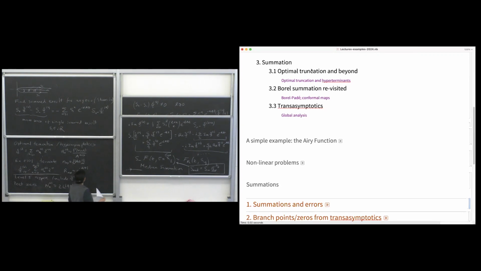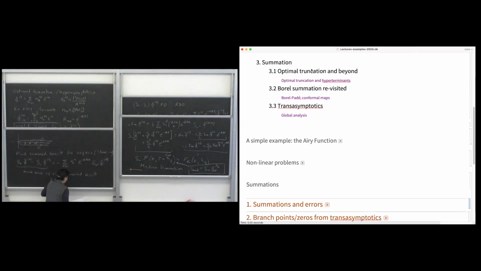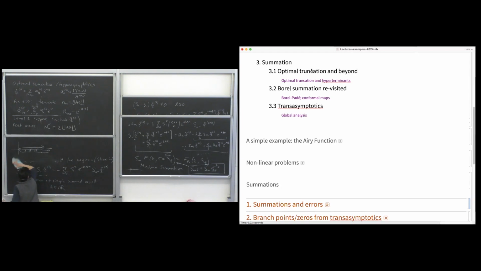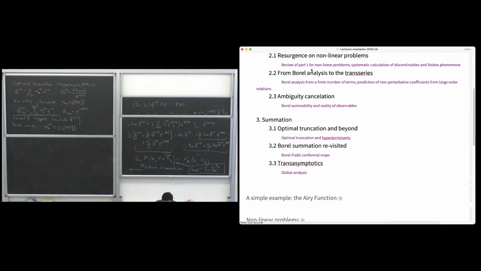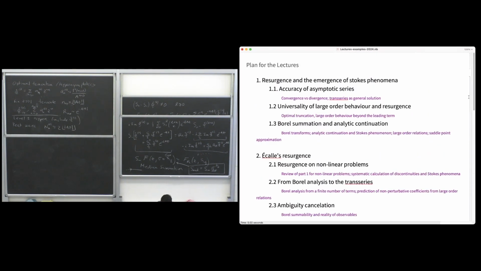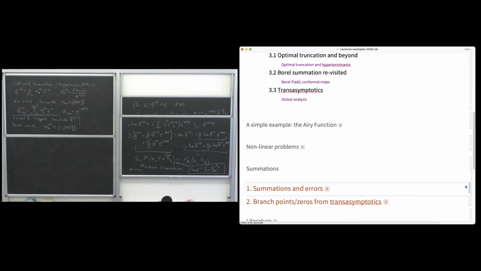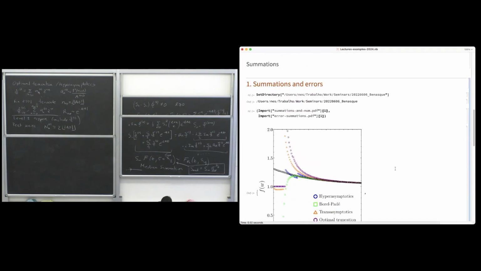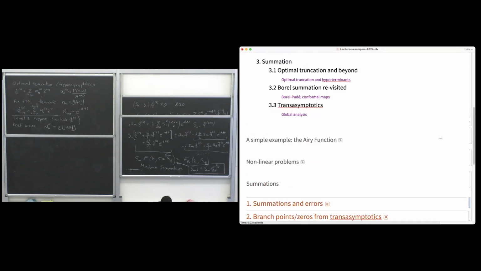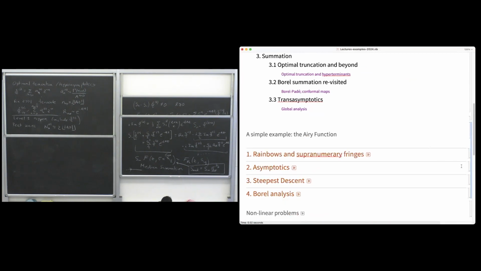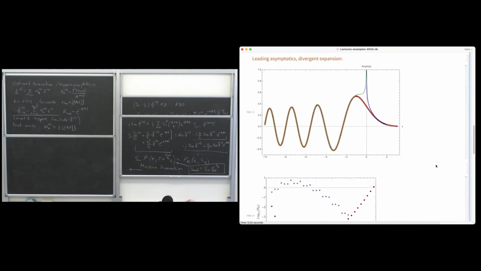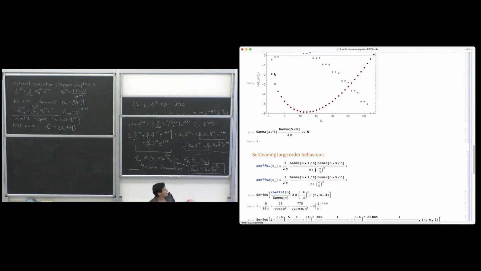But if you remember, in my drawing of optimal truncation, it went all the way to the optimal point, and then the error started increasing.